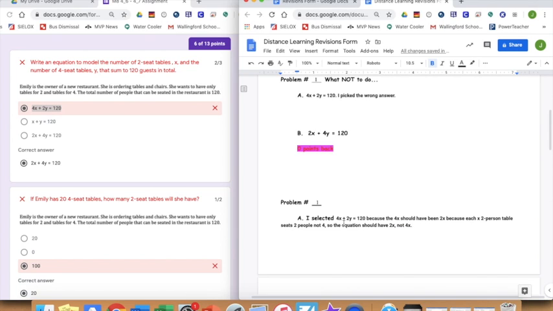Now again, that's one mistake. That's a great start. But now I need to also say, okay, what about the 2y? And I can even say, similarly, 2y should be 4y because y represents the 4-seat tables. And there are 4 people per table.